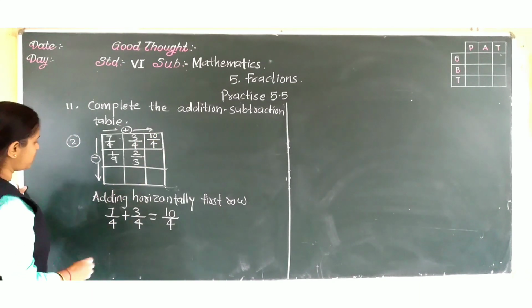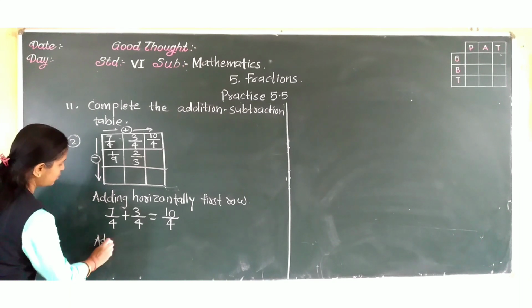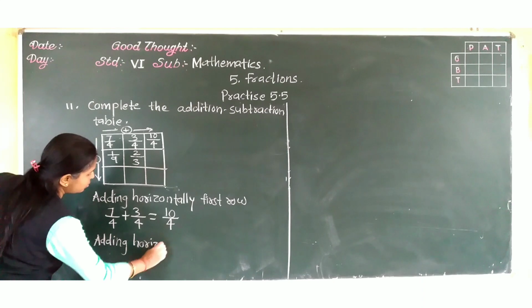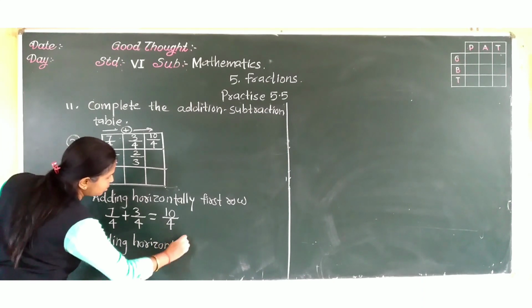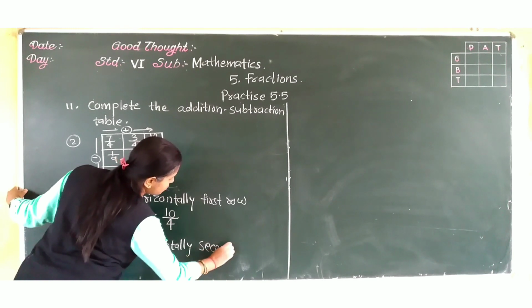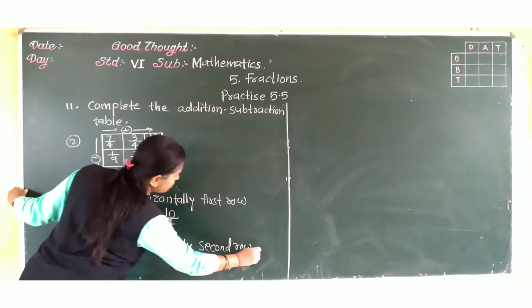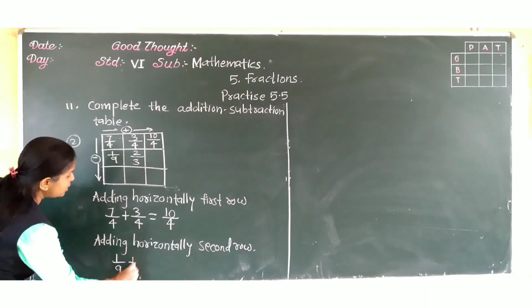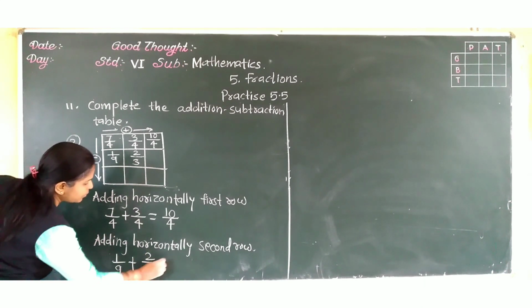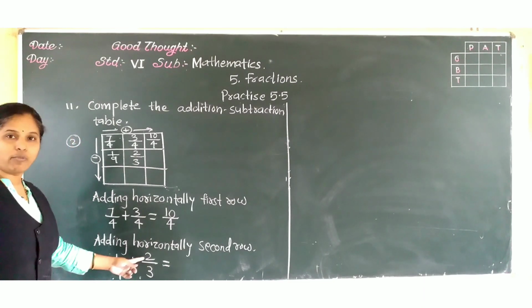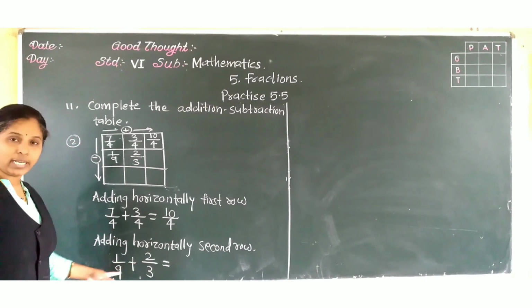Okay. Next, adding horizontally, second row. Now the second row is 1 upon 9 plus 2 upon 3. See, here 1 upon 9 and here 2 upon 3. What is the LCM of 9 and 3?